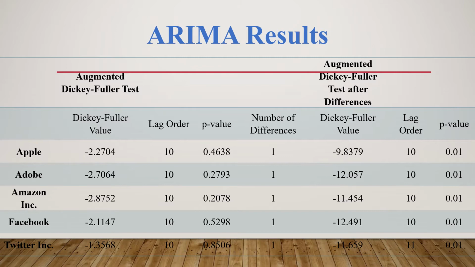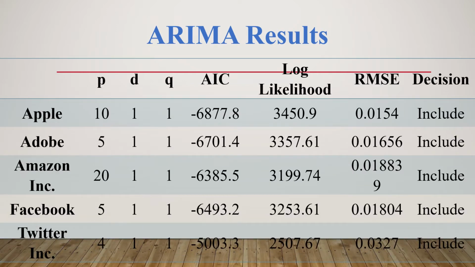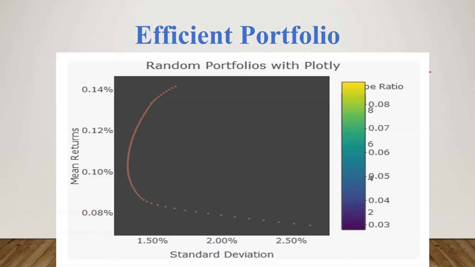So we performed the diagnosis, where we got the number of differences as 1, and then we got p-values lesser than 0.05. These are the ARIMA results, and here we can see that AIC and RMSE values are both pretty small for all of the data, and also the trend is positive in all the datasets. Hence we are including all the stocks for our stock portfolio optimization.